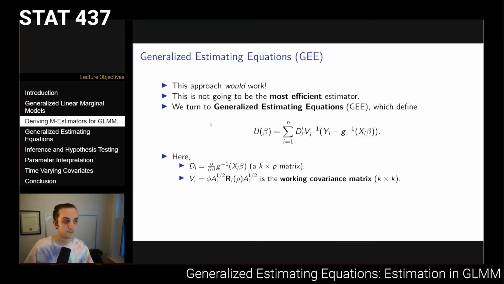We have V_i as a working covariance matrix. And just recall from when we were talking about linear marginal models, we can write this out as A_i square rooted times R_i times A_i square rooted, where A_i is just capturing the individual variance terms, right?